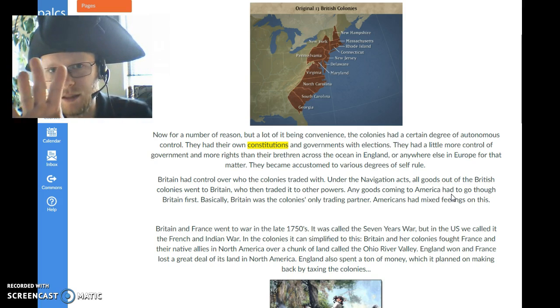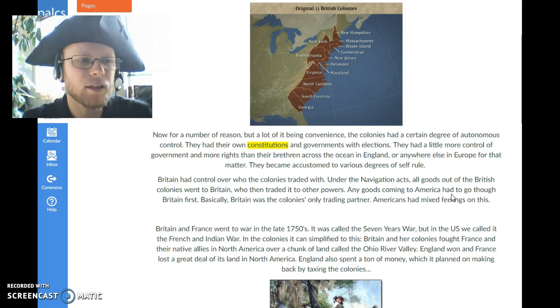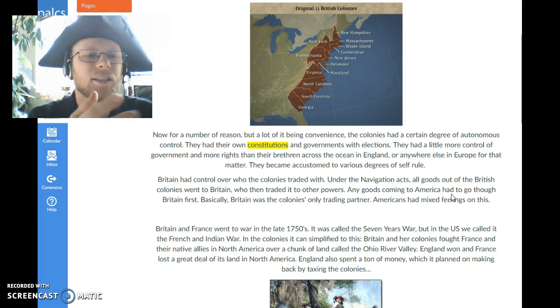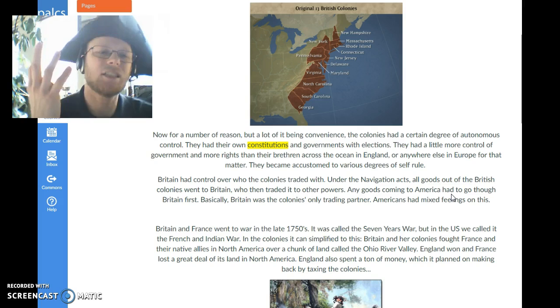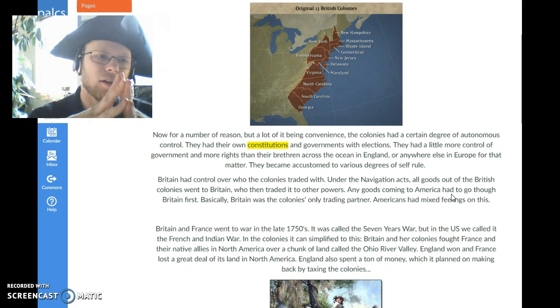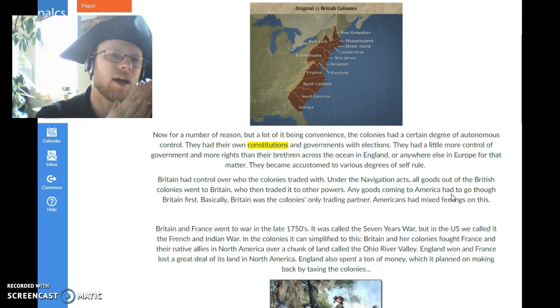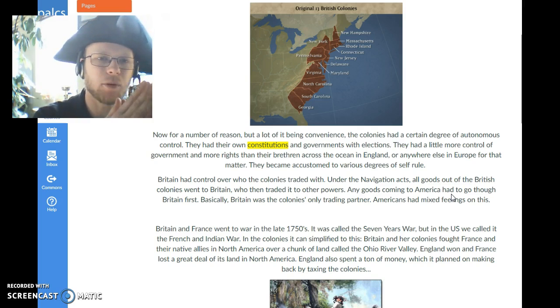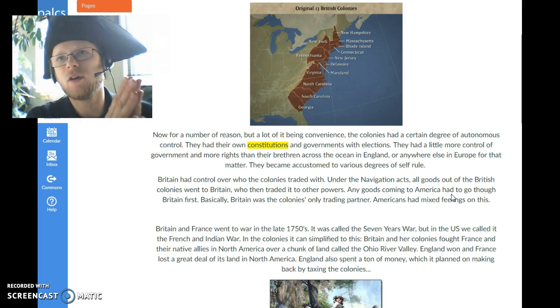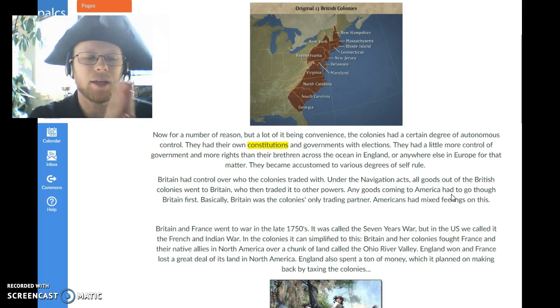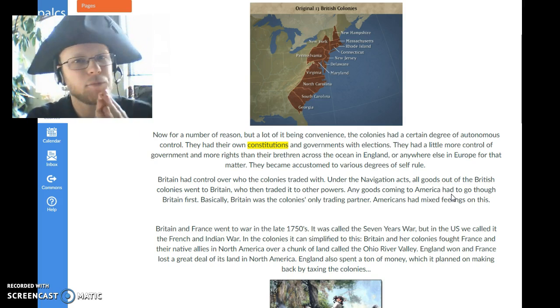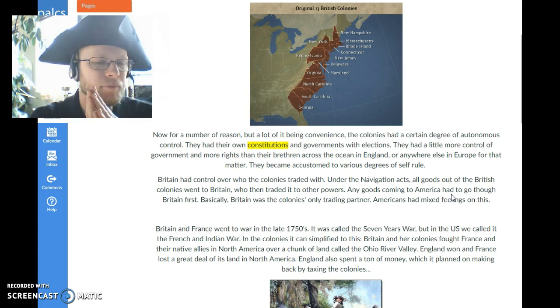As well, all goods going into the colonies had to come through Britain first so they could be taxed and tariffed and so on and so forth. So in essence, the colonies' only trading partner was Britain. Now, the colonists had mixed feelings on this. On one hand, it guaranteed that they had a trading partner, but on the other hand, they couldn't get the best prices or make the most money because they always had to go through Britain as a middleman.